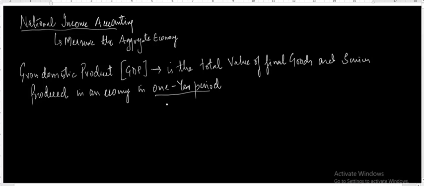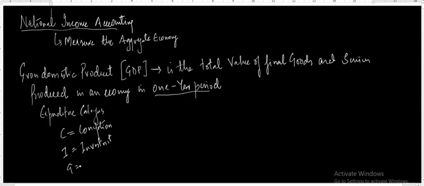Now, if we divide up this gross domestic product, it can be divided into four basic expenditure categories. The expenditure categories in which we can divide this gross domestic product are consumption, investment, government expenditure, and exports minus imports.